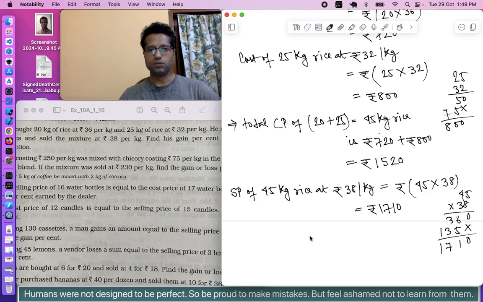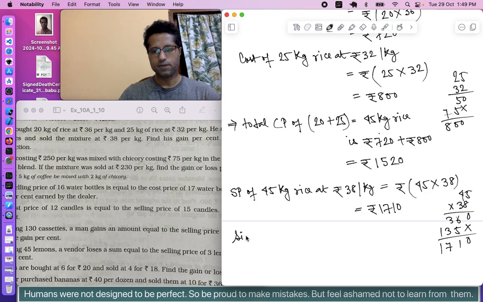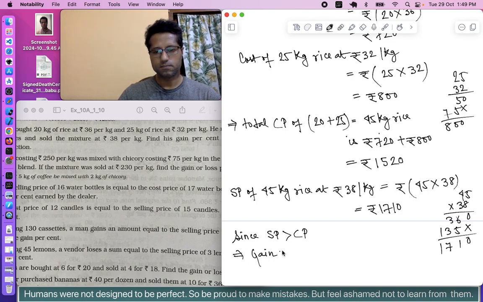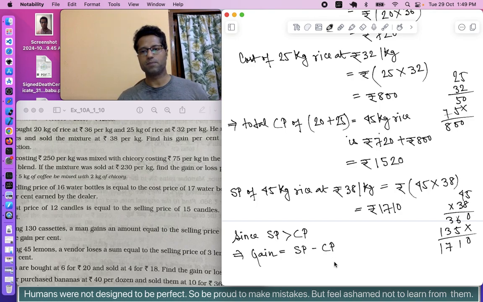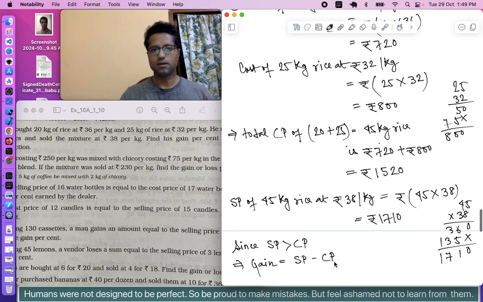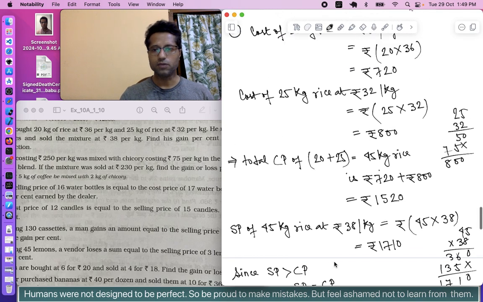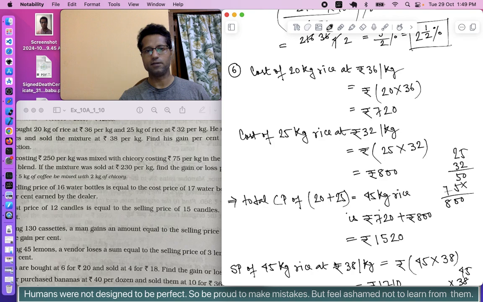So we can see that the selling price is more than the cost price. Since the selling price is more than the cost price, gain is equal to selling price minus cost price. Here cost price means the total price of the 20 kg of rice and 25 kg of rice which was purchased at different rates.